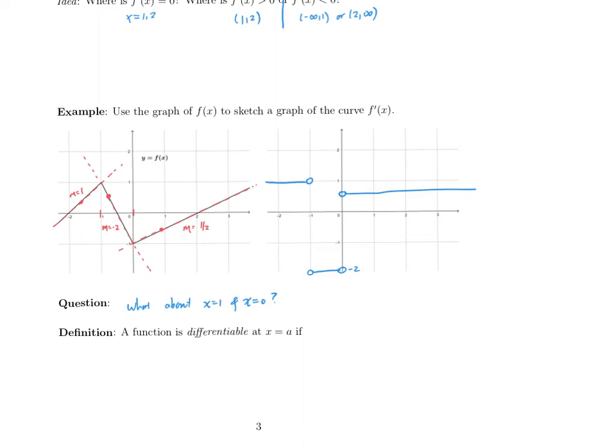It turns out the function is not differentiable at x equals -1 and 0, which for now I'll just make as a note, and we'll see some more details in an upcoming video. So just note that this function f is not differentiable at x equals -1 and x equals 0.